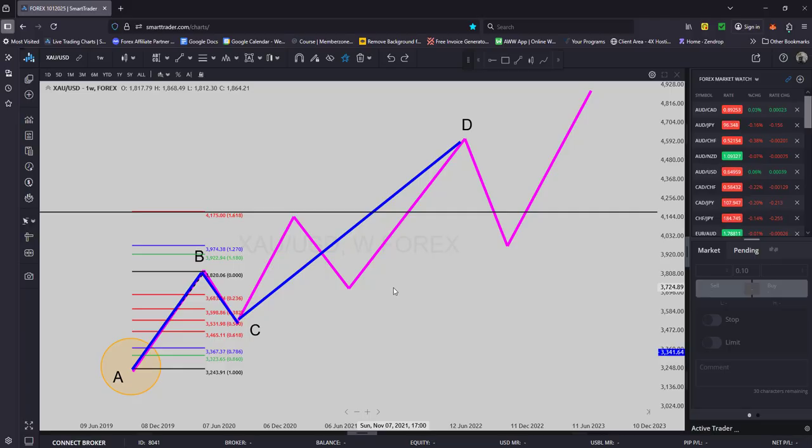All right. So picture the pink here is the market, and we have an A, a B, a C, a D, right? But let's say the pink is the market just waving on its way up. The market would make smaller waves, bigger waves on the way up, but the Fibonacci swings are not random.